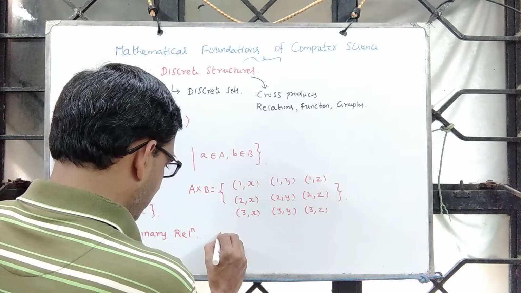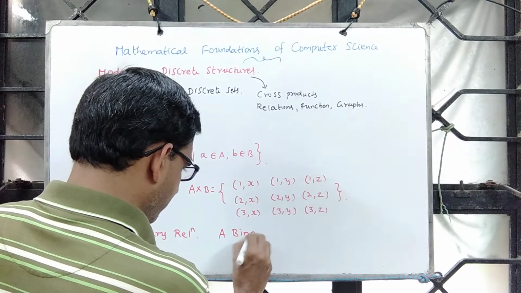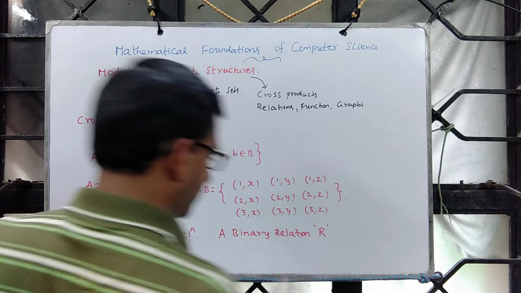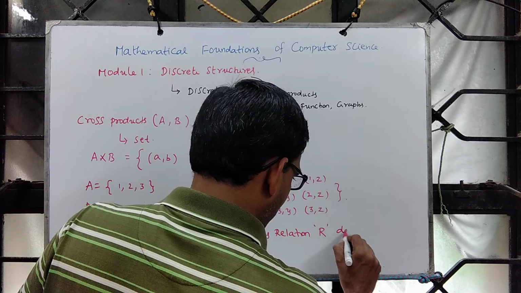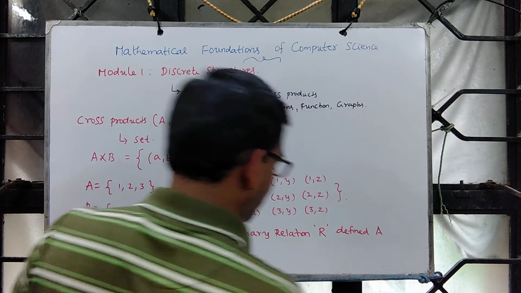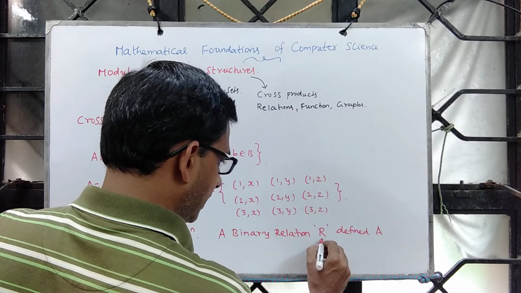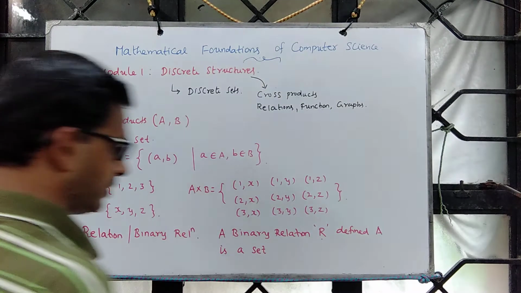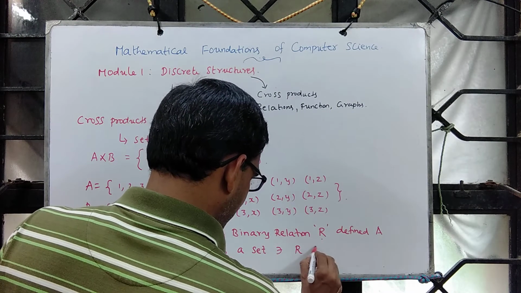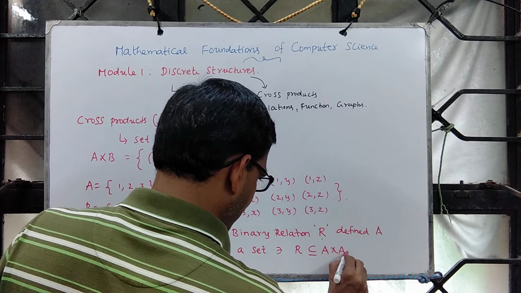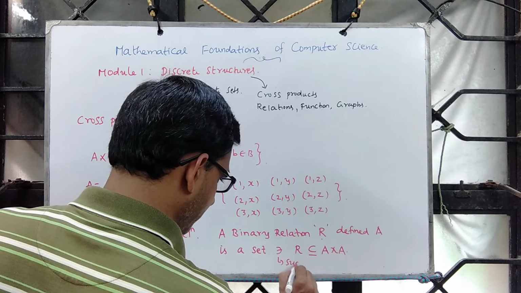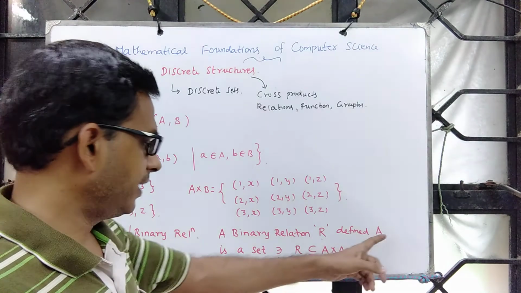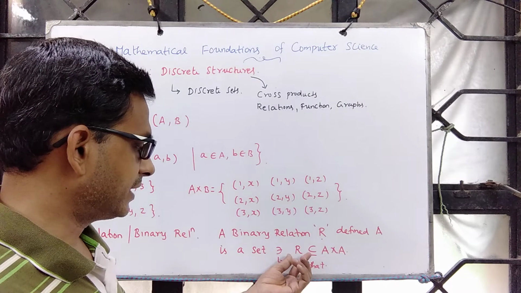So here is the definition. A binary relation R, denoted using the symbol R, defined on A, is a set such that R is a subset of A cross A. So a binary relation defined on A is a set, and where is that set coming from?